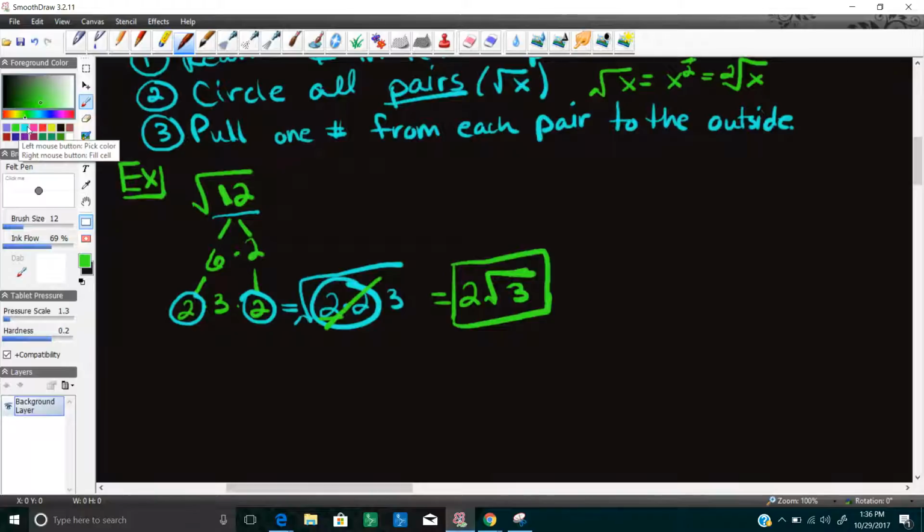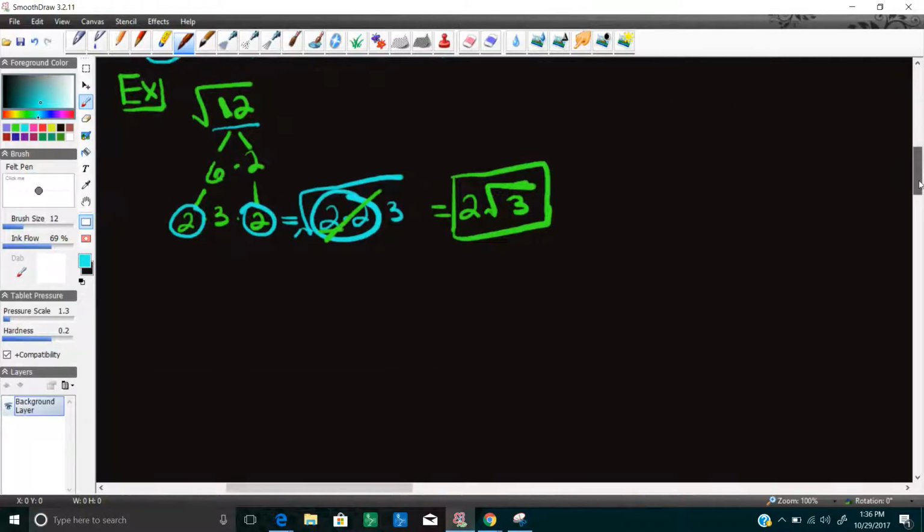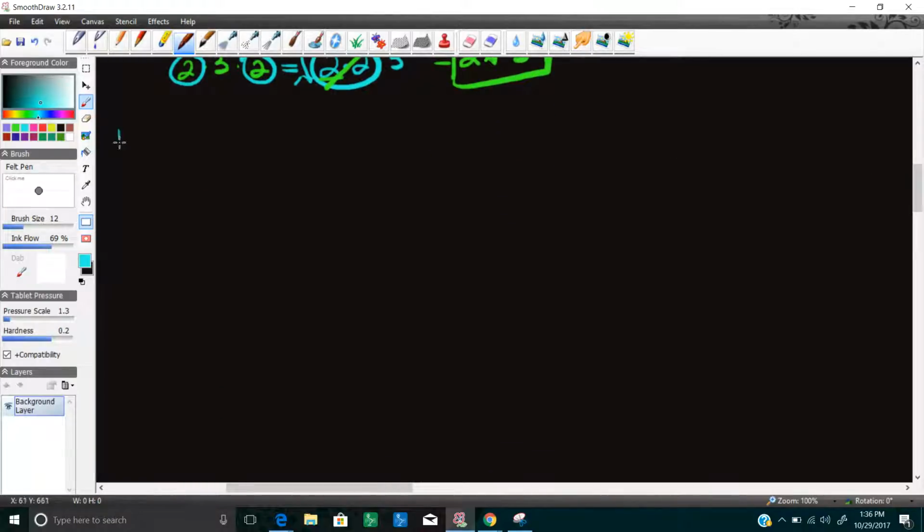Let's go ahead and try another one, just so we can get practice. Let's say we have the square root of 36. This one should be pretty simple because you should know that 36 is the same as 6 times 6.